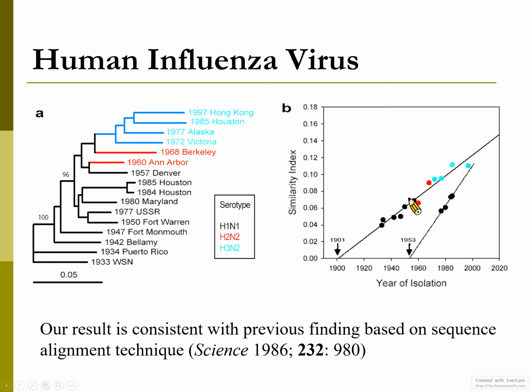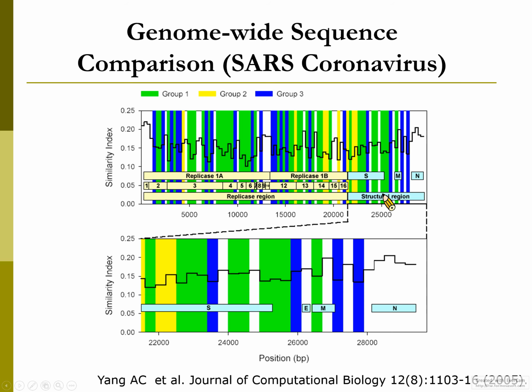So for example, this strain can be traced to 1901, which is a Spanish outbreak, and the other strain can be traced to the USSR strain, which is very consistent with the paper published in 1986 in Science that is based on the alignment technique. So this distance measure is very useful in identifying the origin of the data.